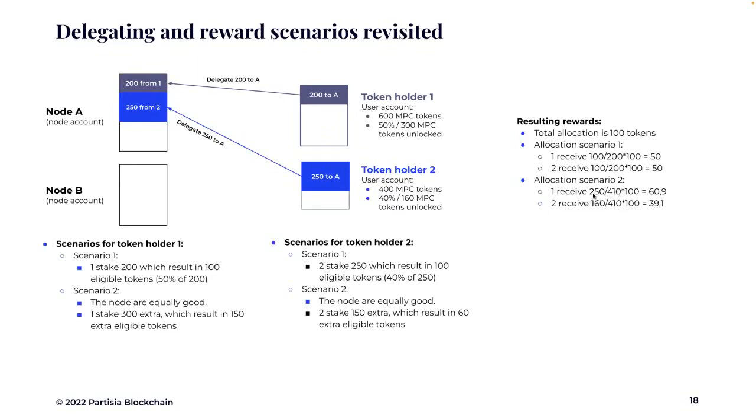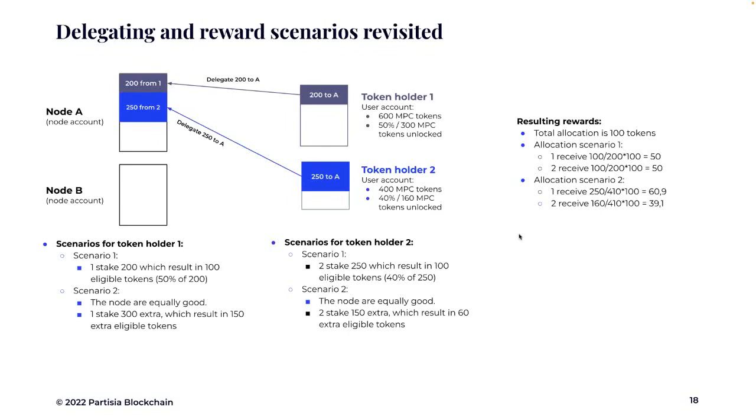And token holder 1 has 250 of these rewardable tokens. So the 100 is distributed with 60 or 61 approximately to token holder 1. And for token holder 2, it's the 160, which is the 100 up here and the 60 down here, divided by the total number of rewardable tokens, times the tokens that are going to be allocated among the two. So that's approximately 39.